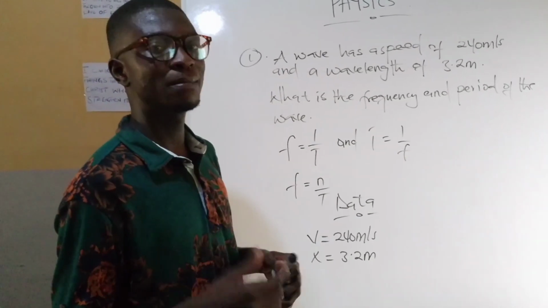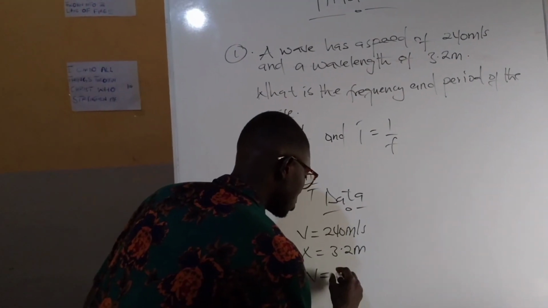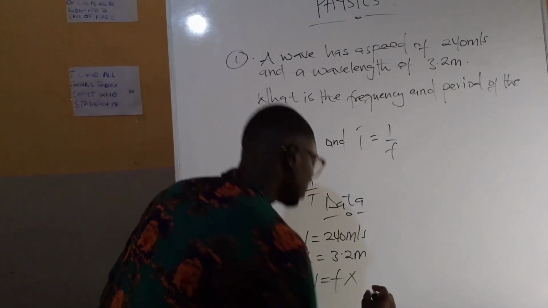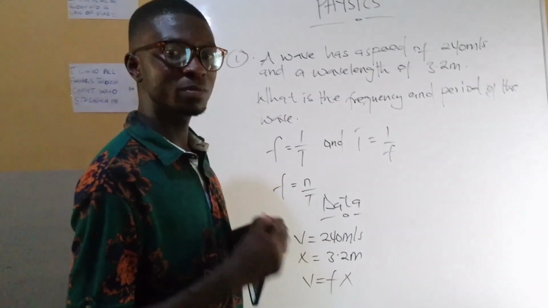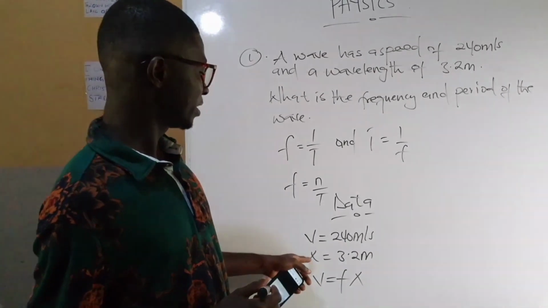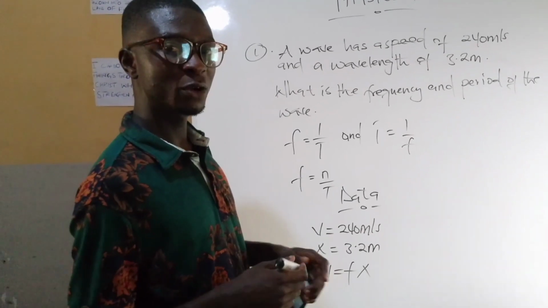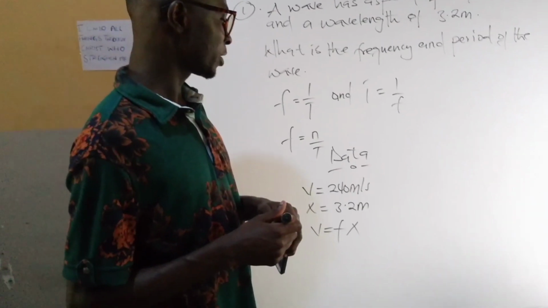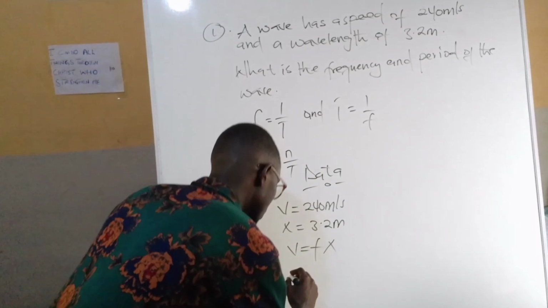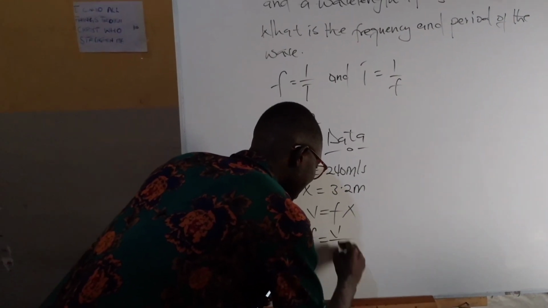Now, we also established in our previous class that velocity is equal to frequency multiplied by wavelength. If that should be the case, then we are given velocity, we are given wavelength. So we have to find what? Frequency. So we make frequency the subject. Making frequency the subject, you will realize that frequency is equal to velocity over lambda.